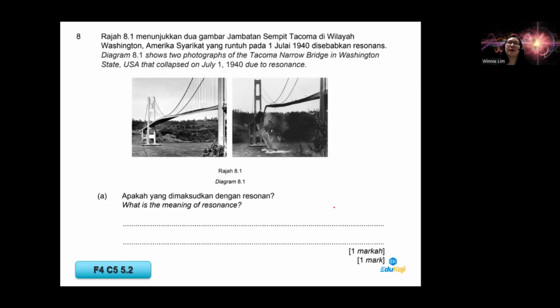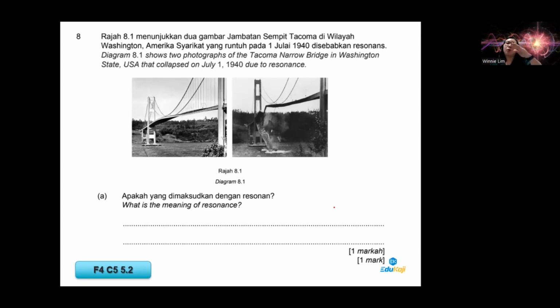It means a vibrating or oscillating system is forced to vibrate at its own natural frequency. Actually, all objects have a natural frequency, a fundamental frequency, that causes the object to start vibrating. So it happens if an external force causes the frequency to be the same as the object's natural frequency.